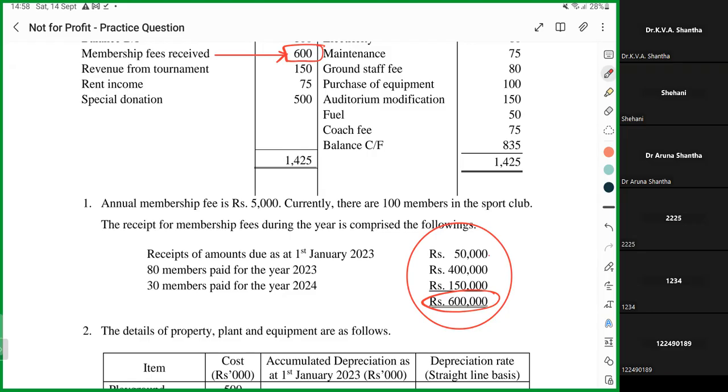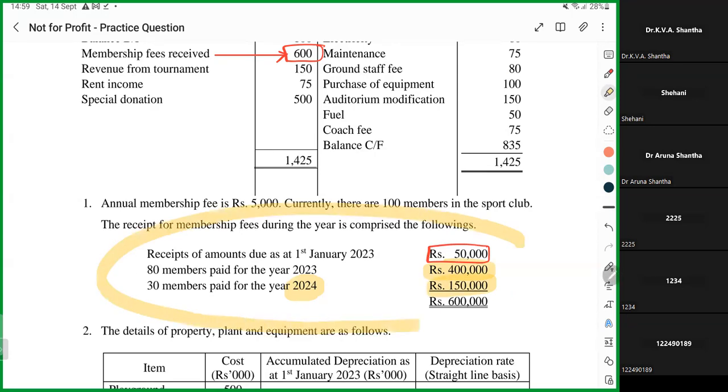During the year, you received 50,000 for those receivables. Then 80 members paid 400,000 for the year. 30 members paid 150,000 for 2024, the next year. When you prepare a membership fees account, you have to use these amounts.